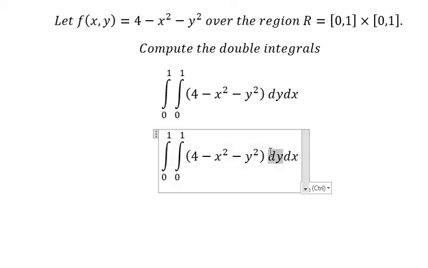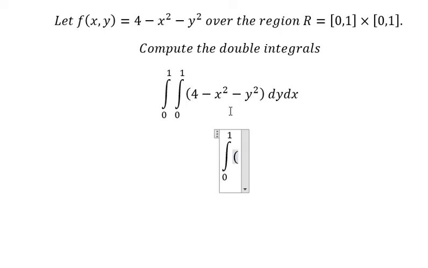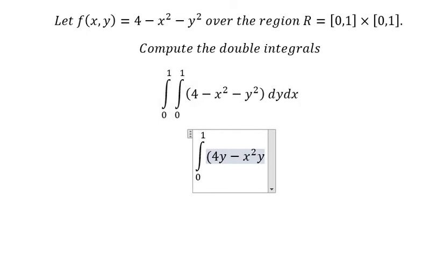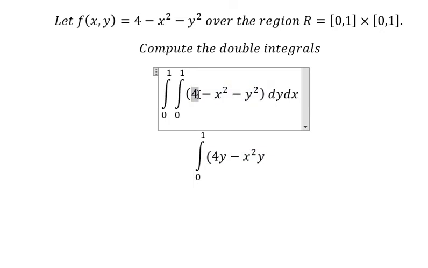So we have dy. So we do the integration of 4 minus x squared and y squared. The integration of the number 4, we have 4y. The integration of x squared, you got x squared y, because we suppose that this one is just like a constant.